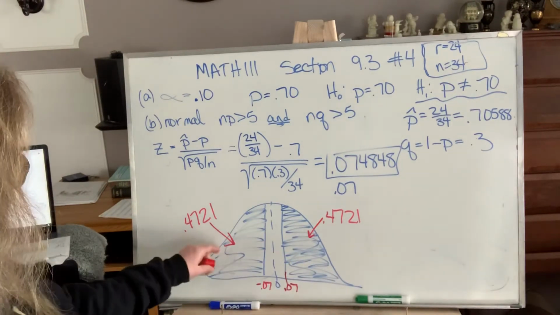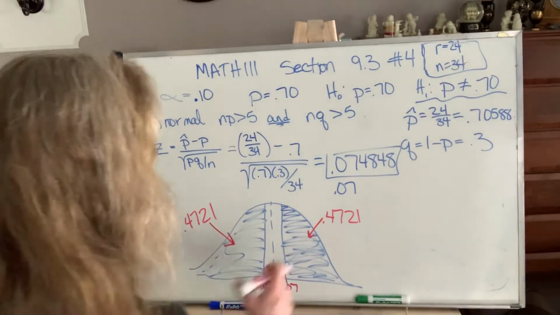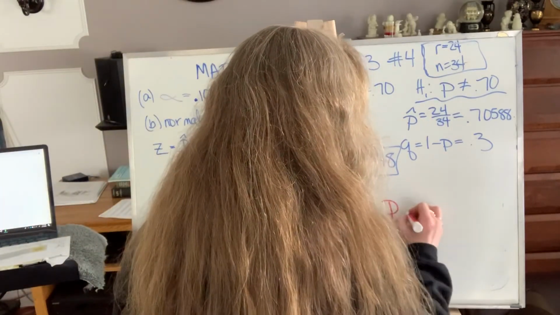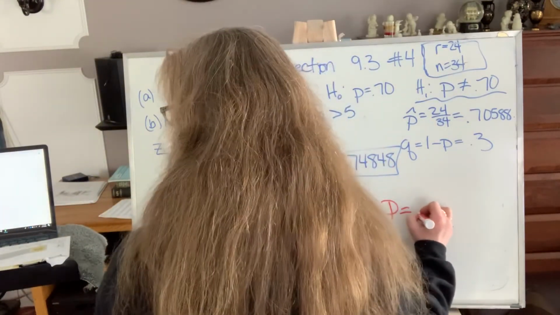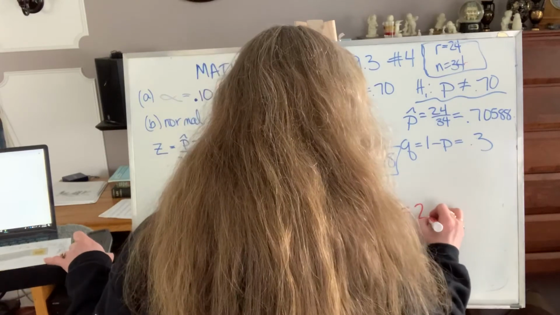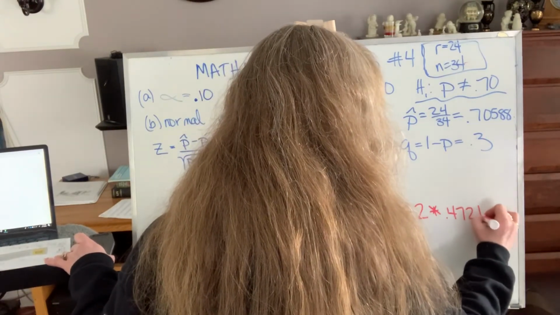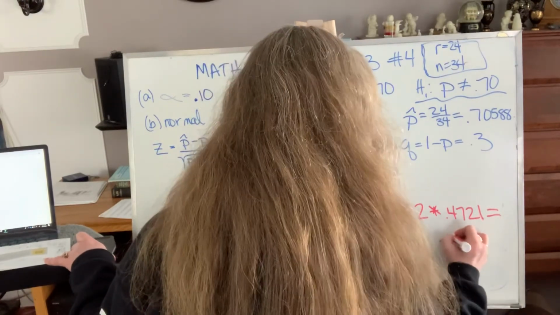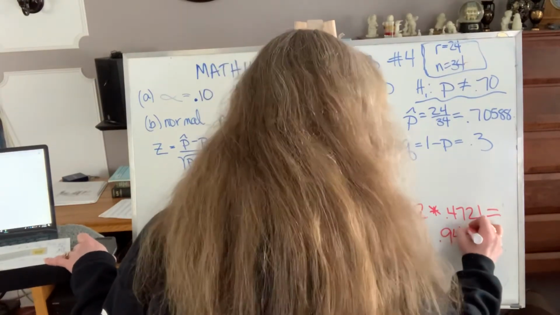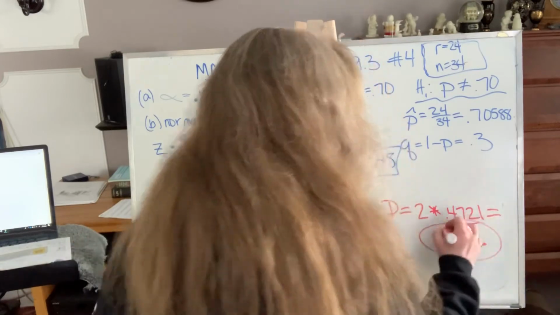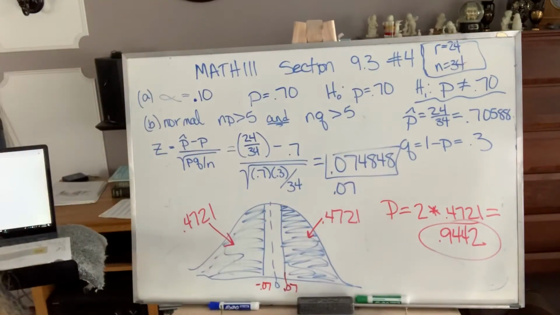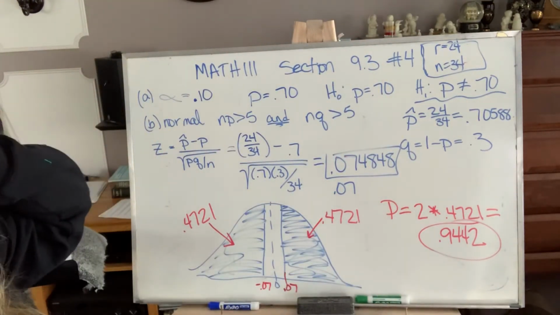So in order to get my total p-value, my big P is going to be equal to 2 times the 0.4721, which is 0.9442. Okay, so for this set of answers, that would be the correct answer.